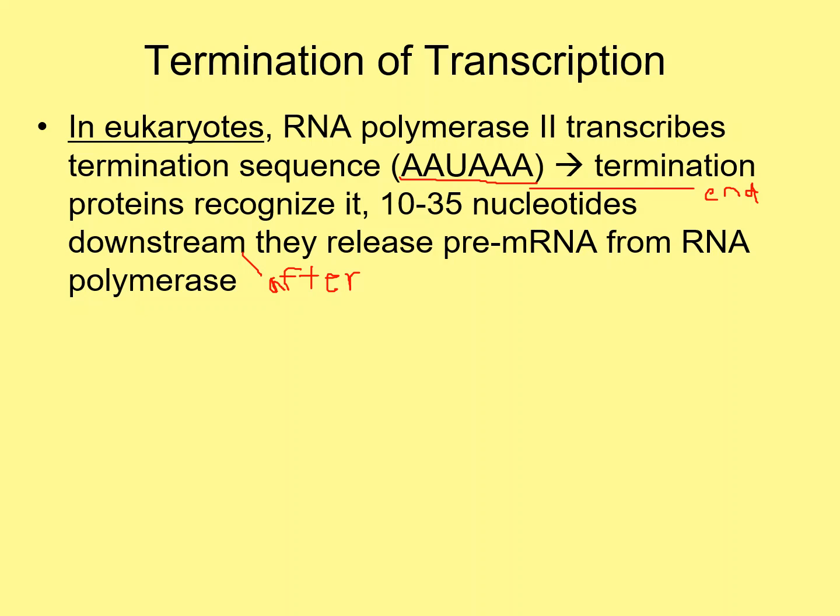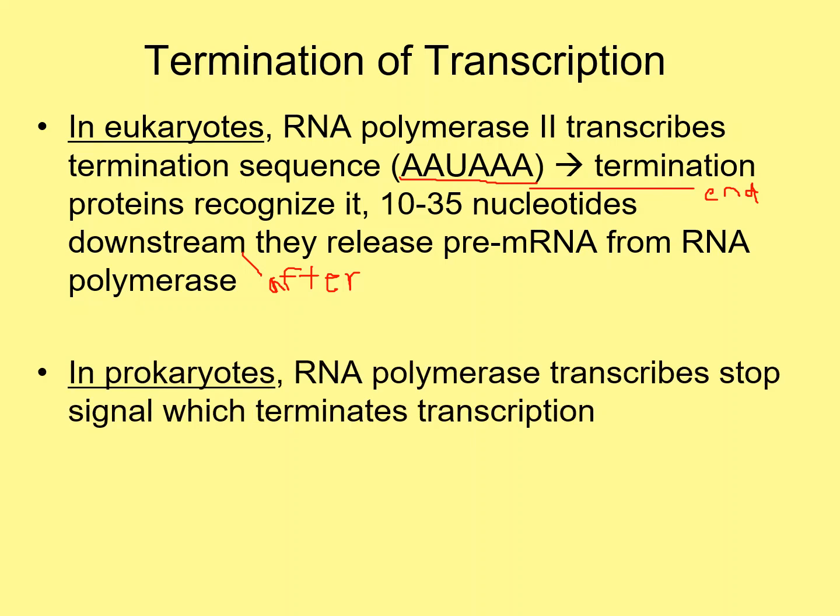They cut the pre-mRNA molecule free from our transcription complex. And now I have my pre-mRNA molecule, and then I have my transcription complex, which now that we're done transcribing, essentially falls apart and can come back together on the promoter to start the process over again.